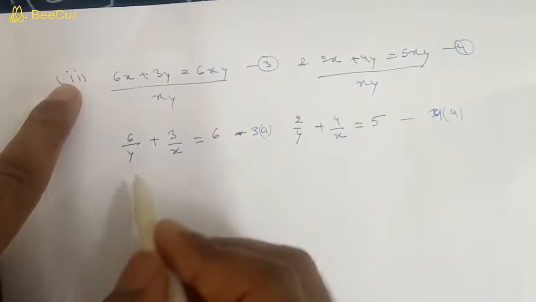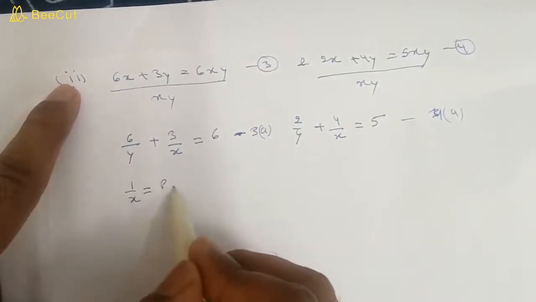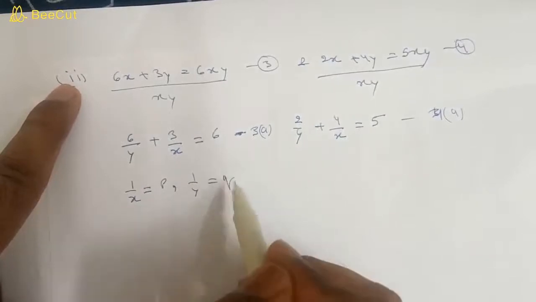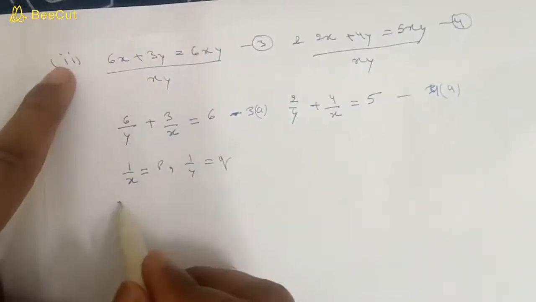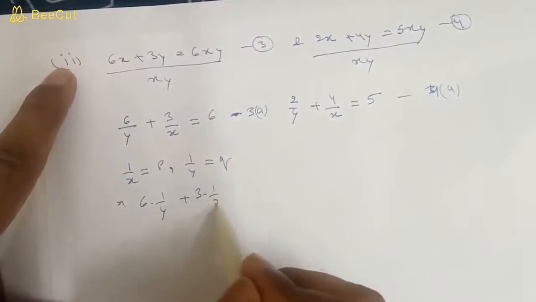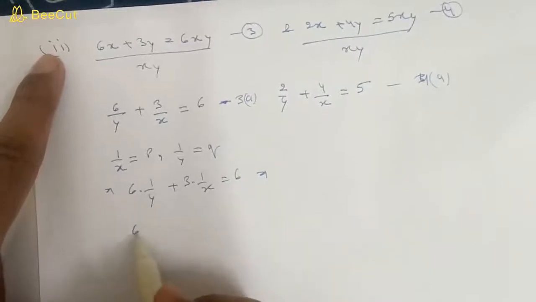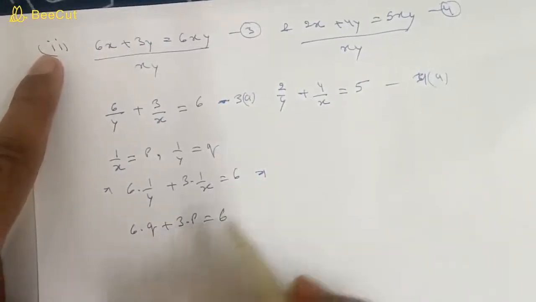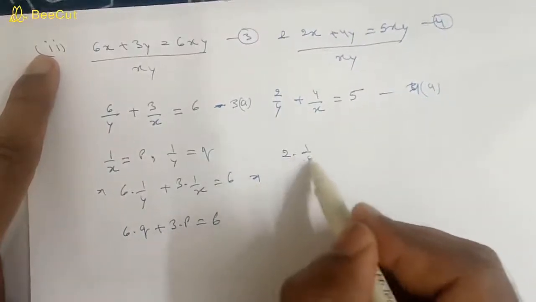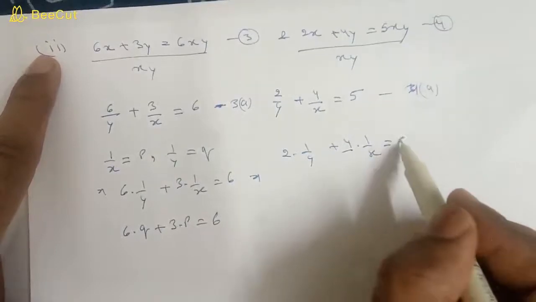Okay, so if we put 1 by x is equal to p and 1 by y is equal to q in these equations, then this is 6 into 1 by y plus 3 into 1 by x is equal to 6. So we can write it as 6 into q plus 3 into p is equal to 6, and this one is 2 into 1 by y plus 4 into 1 by x is equal to 5.